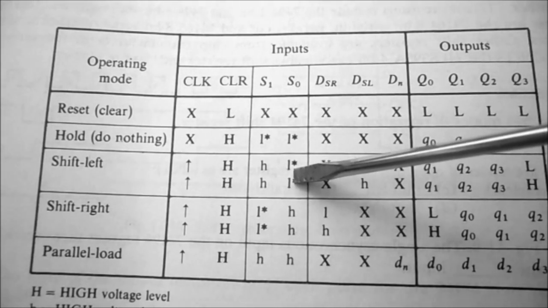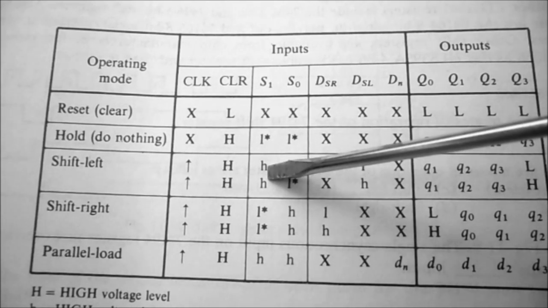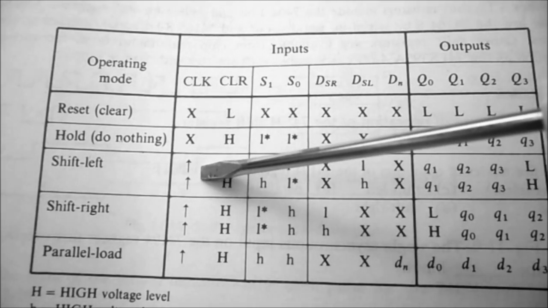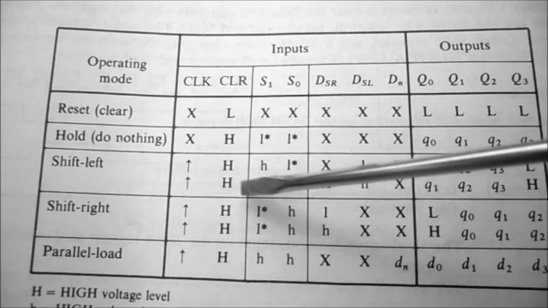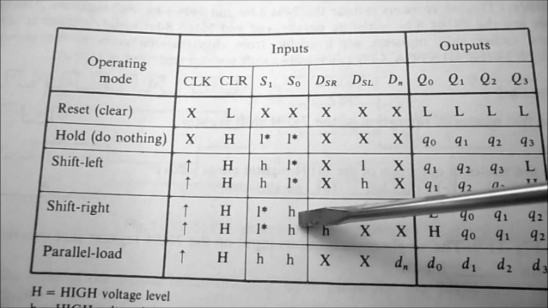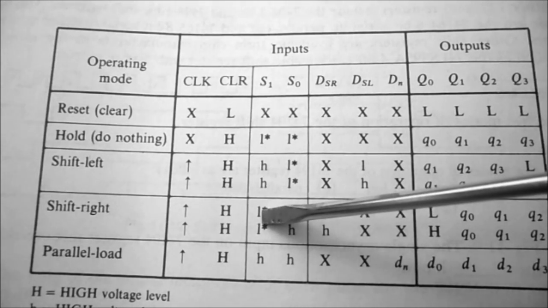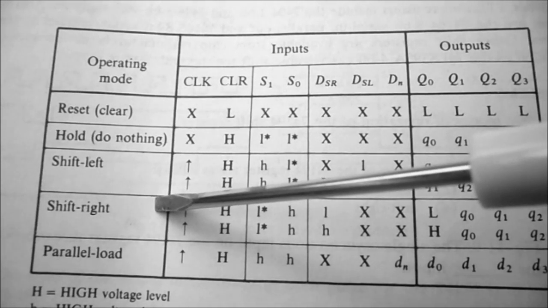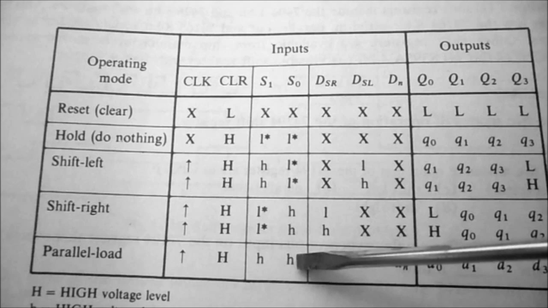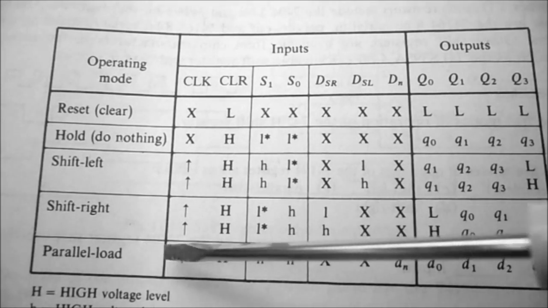Now when S0 is low and S1 is high and we get the clock pulse, we will shift left. And when S0 is high and S1 is low, we're going to shift right. And when both S0 and S1 are high, it's going to do the parallel load.